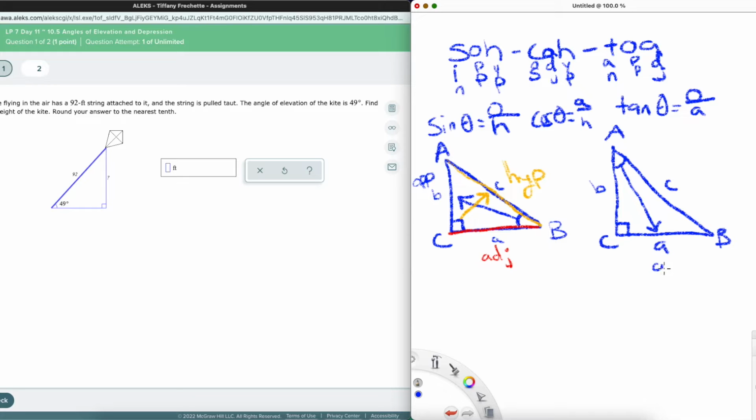So now I'm looking at this piece as the opposite. And the adjacent is now this piece that was the opposite on the other angle. So you have to make sure you're paying attention to which angle it is you're looking at. It's not always going to be opposite on the side and adjacent on the bottom. It completely depends on which angle you're looking at. Hypotenuse doesn't move.